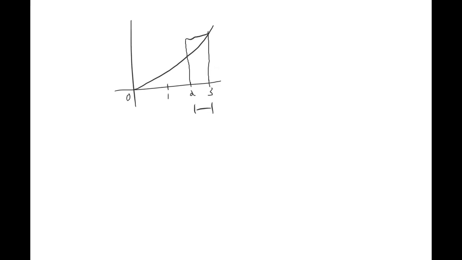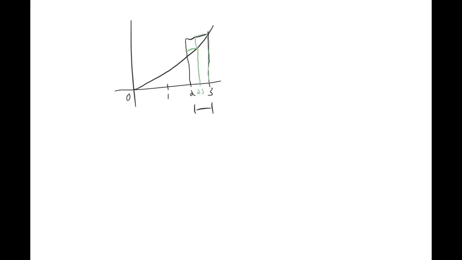Now, what if I instead introduce 2.5? And then I did right approximation for 2 to 2.5 and 2.5 to 3. So I go from here all the way here. And then I do right approximation for 3 all the way here.